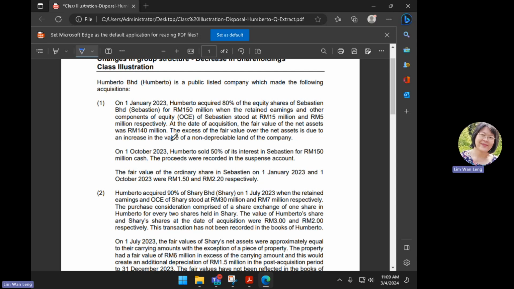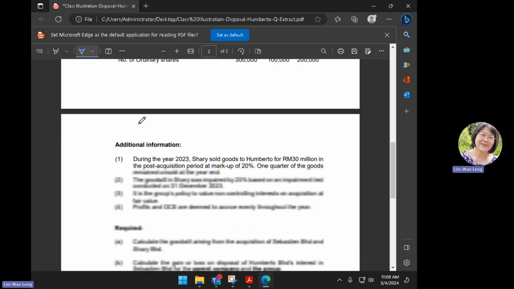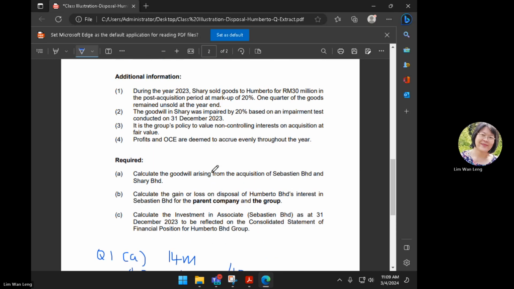Okay, so you look at the question. What happens over here? This is the first day of January 2023. Before that, we have to look at the requirement of the question first. First one, calculate goodwill arising from the acquisition in Sebastian and Sherry. So goodwill computation is a must know. You must know your goodwill computation. Usually, the first time you achieve control, if it's a simple one, you need your knowledge from your CR.